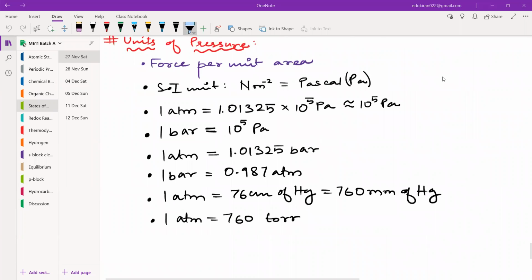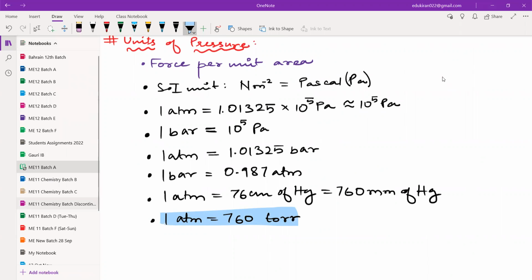So 1 atm is equal to 760 torr. Okay, enough nostalgia.